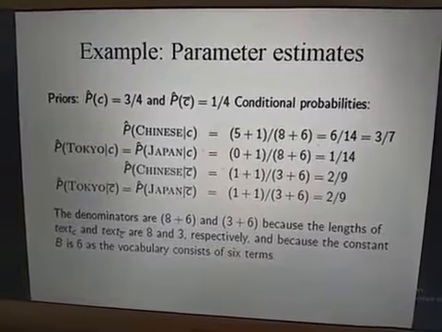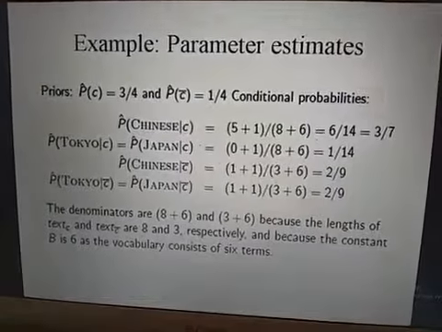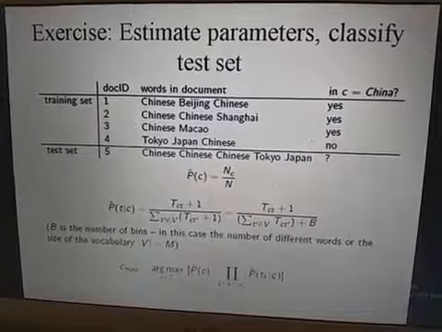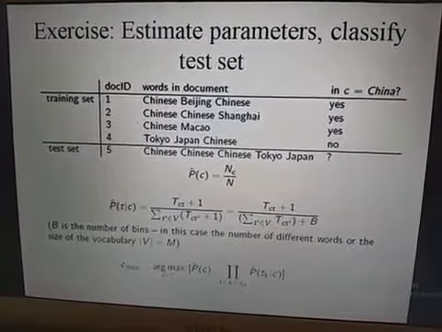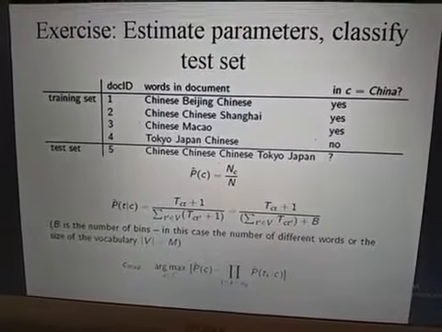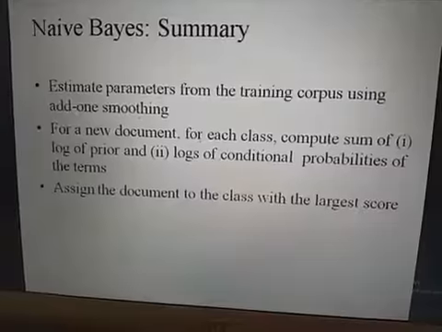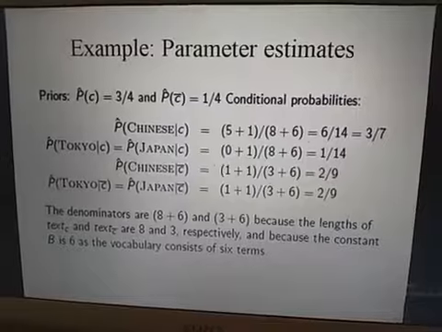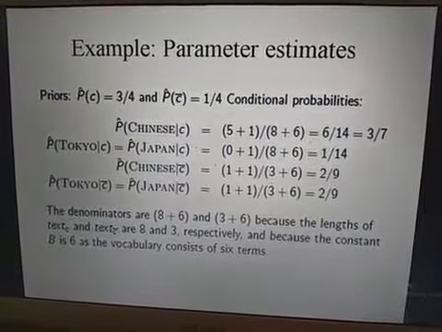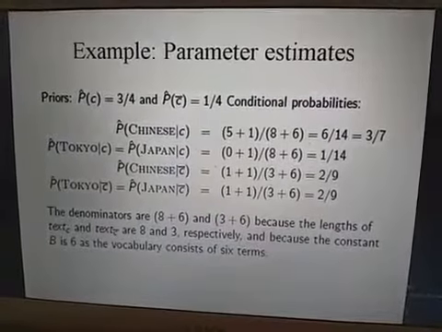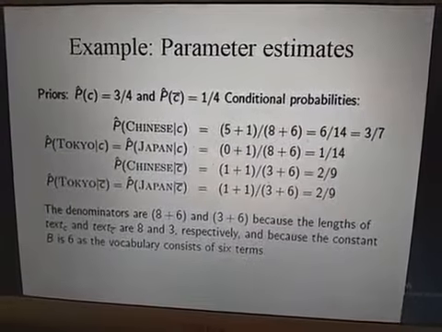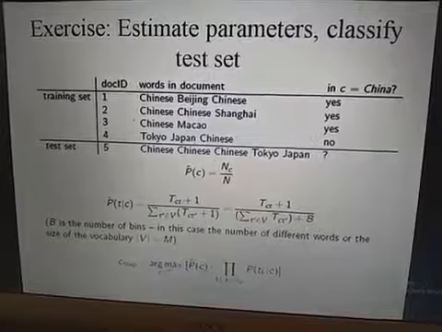Similarly for Tokyo and Japan: they are not present in the China class, so their class label is no. So in the yes class, Tokyo and Japan are not present, so the count is 0. As per the expression, T C T plus 1, so 0 plus 1 by 8 plus 6, as a total 1 by 14.